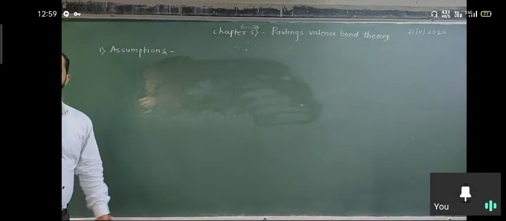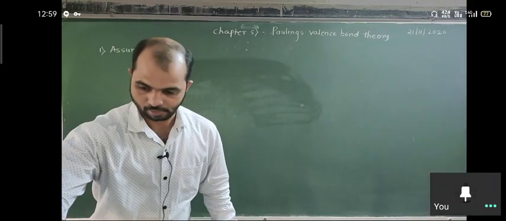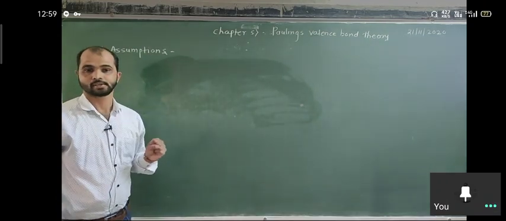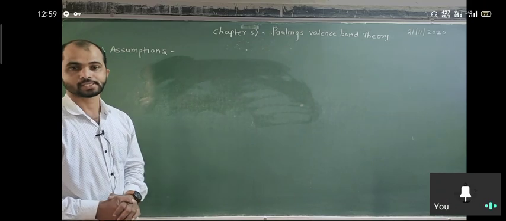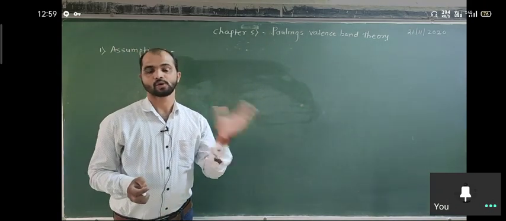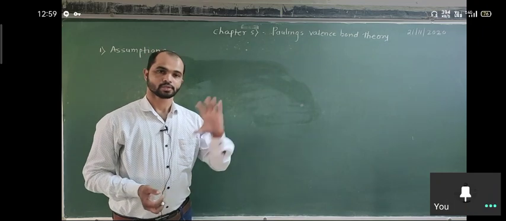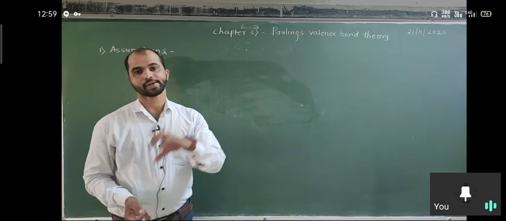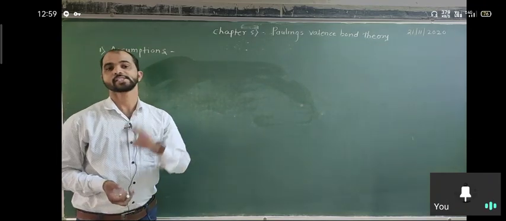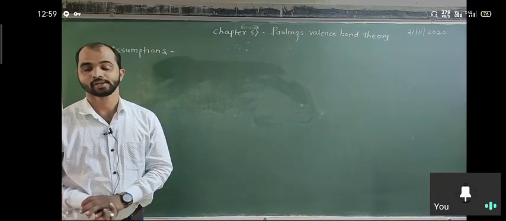Assumptions or postulates. Here we discuss the coordination complexes. You know coordination complexes have two types of sphere, the coordination sphere and the outer sphere, basically the ionization sphere and the coordination sphere. The coordination sphere has a fixed number of valency, which we call the coordination number.